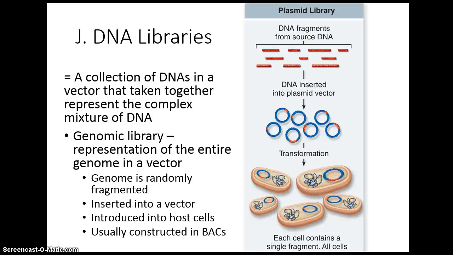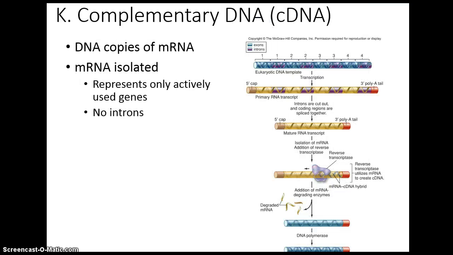And they insert it into a vector, in this case a plasmid, and then introduced into host cells. And then they keep these cells or these cell lines in storage and then you have your plasmid library. You have your set of DNA within these organisms.